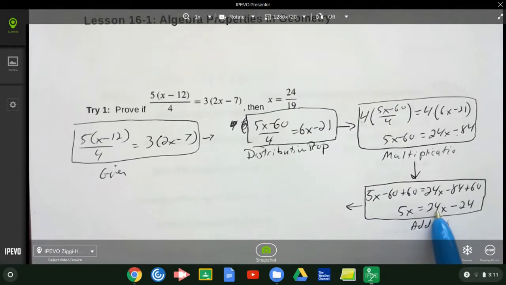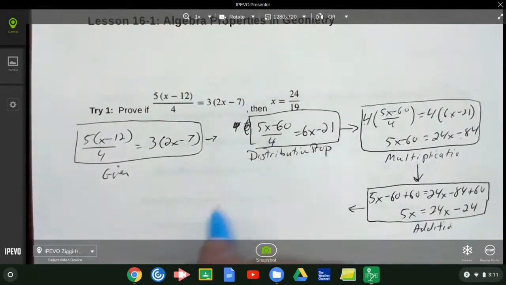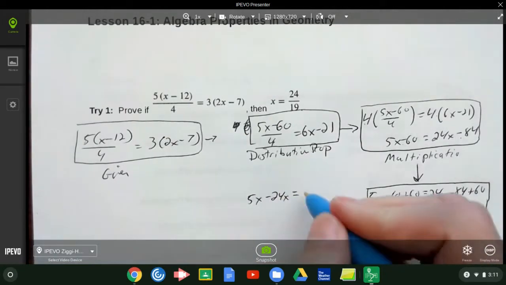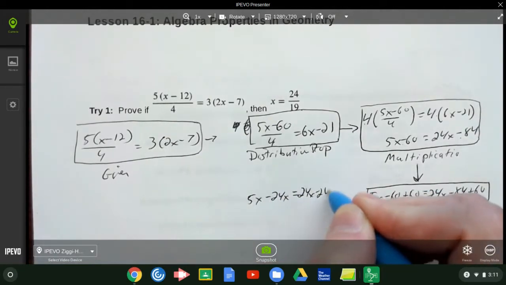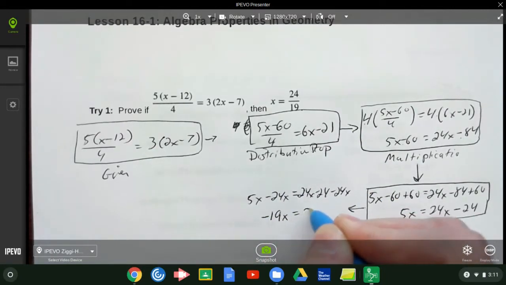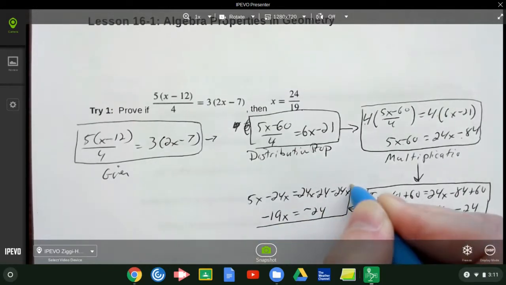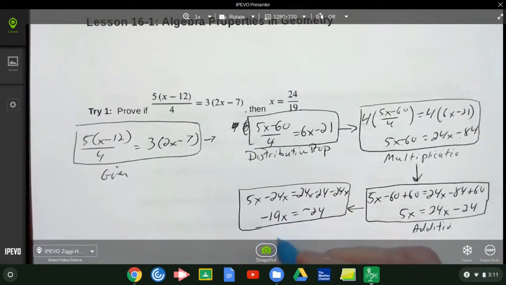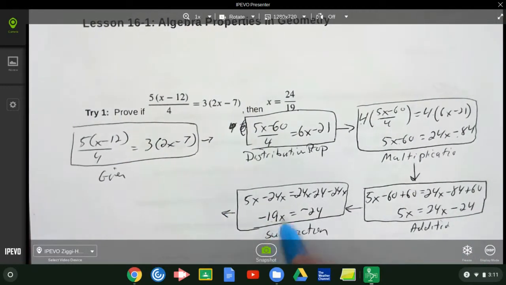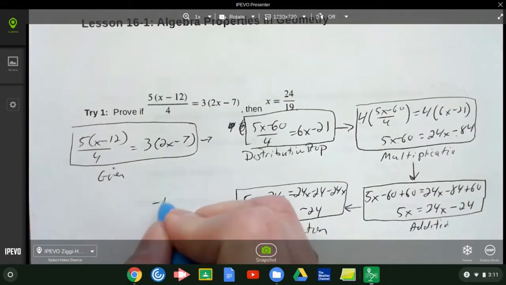Now I'm going to subtract 24x on both sides. So that's 5x - 24x = 24x - 24 - 24x, which reduces to -19x = -24. And again, that was subtraction. The last thing I need to do now, divide by 19 on both sides.